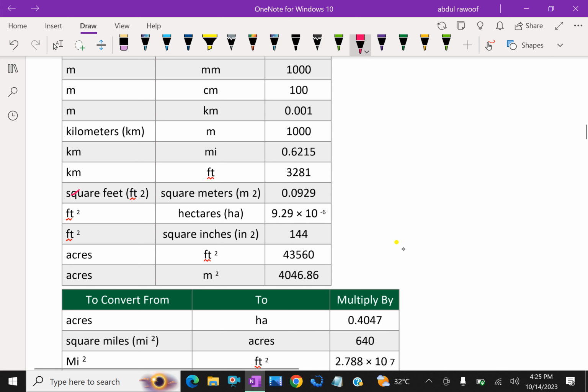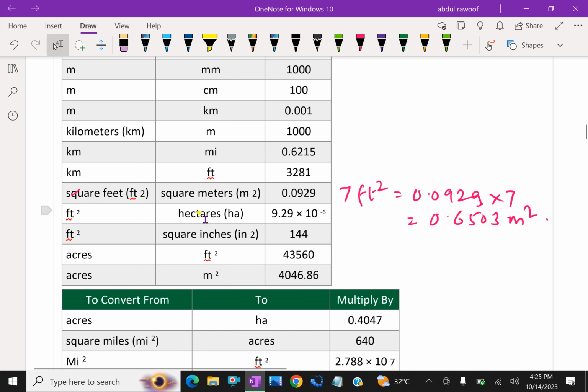For example, 7 square feet equals 0.0929 into 7, which equals 0.6503 square meter. Similarly, square feet to hectares, you multiply by the factor 9.29 into 10 to the power minus 6.